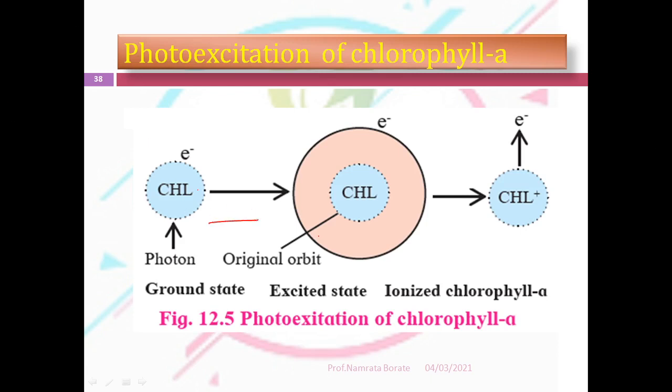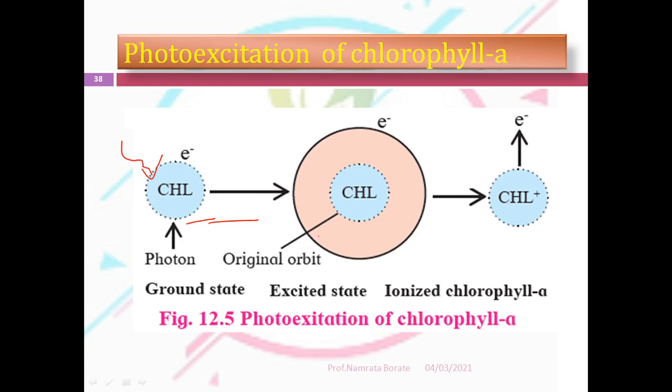Initially, this chlorophyll A is present in the ground state, or singlet state, but when it absorbs the light energy in the form of a photon, it gets activated and becomes excited.